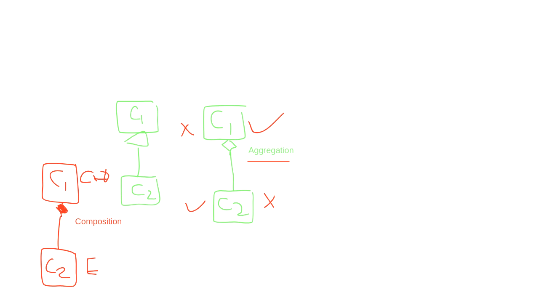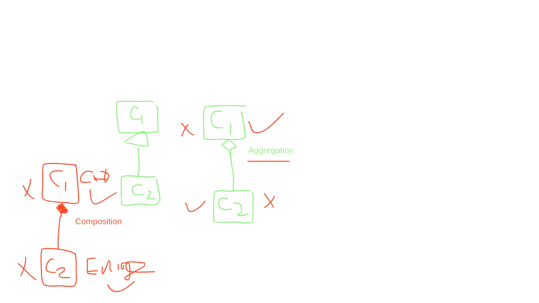Now tell me, can a car exist without an engine? No. So if you remove the engine from the car, what happens? The car doesn't work. If you have the engine, then the car works, right? So there is a dependency between these two classes. Then this is called composition.